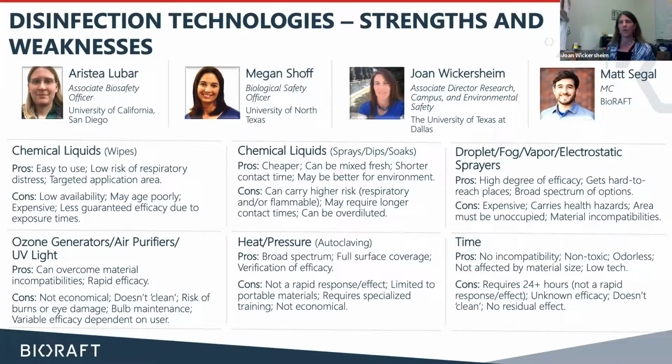We also do a follow-up if there's a close contact identified. In most situations, our custodial team is following up. They are using an electrostatic sprayer to disseminate a hydrogen peroxide-based disinfectant, although not in the research laboratories.